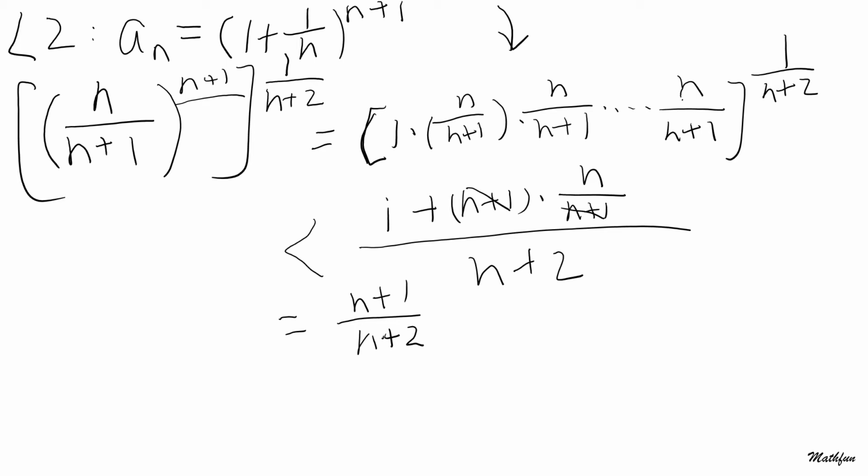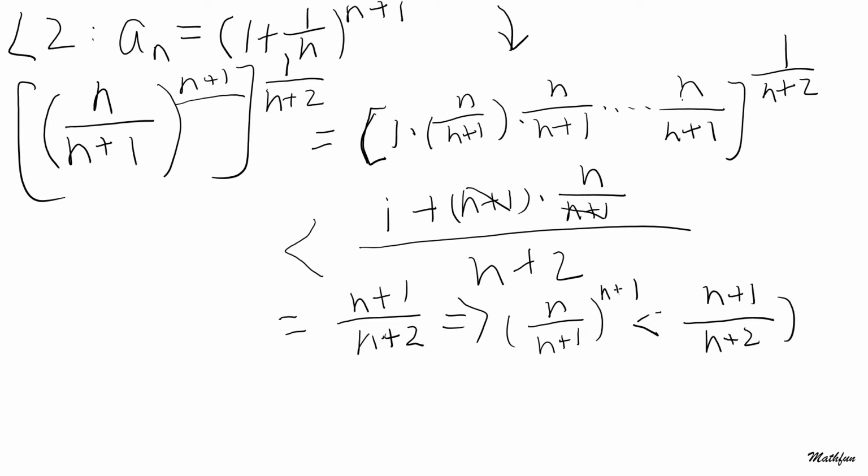So in other words, we prove that n over n plus 1 to the power of n plus 1 is smaller than n plus 1 over n plus 2 to the power of n plus 2.